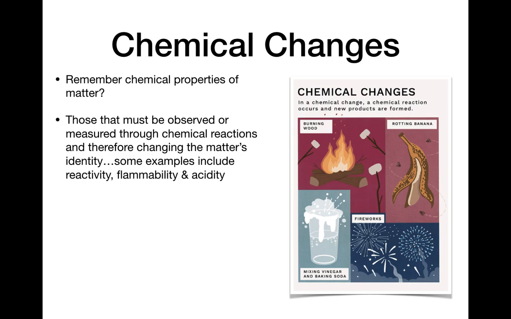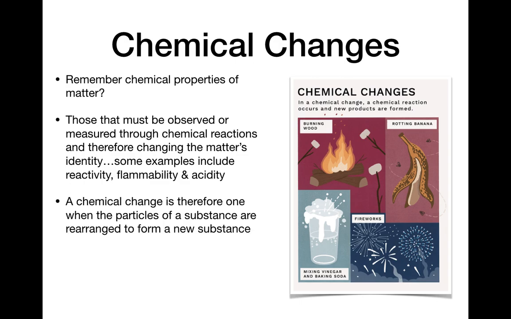Same thing with acidity, how acidic it is. To test that, you're going to have to mix it and then cause a reaction where it's going to react based on its acidity, and we cannot undo that. So it's also considered a chemical property of matter. So that's what chemical properties are, and therefore, if that's a chemical property, a chemical change, logically, is a change when the particles of a substance are rearranged to make a new substance.